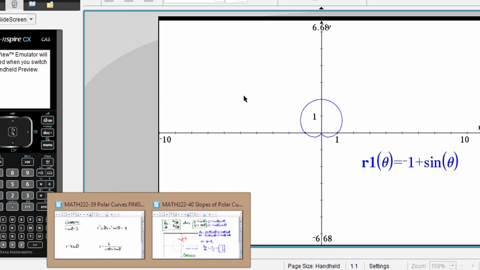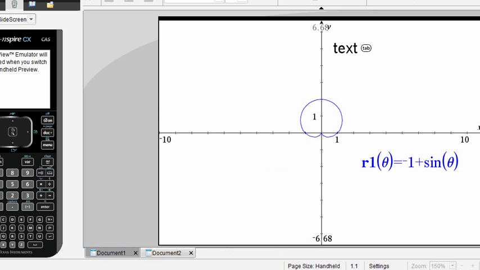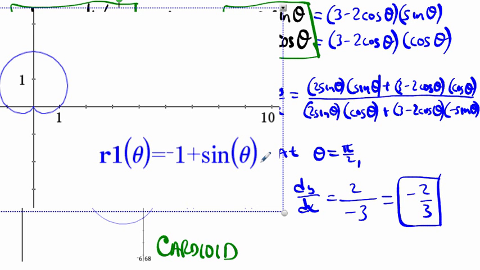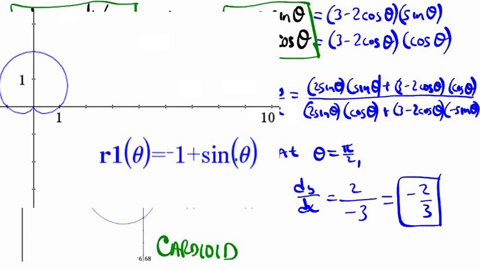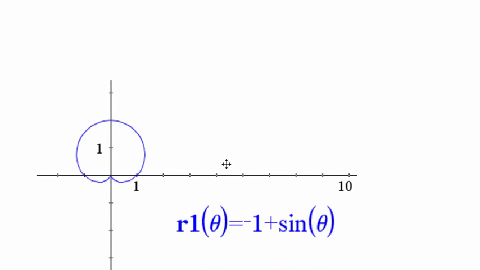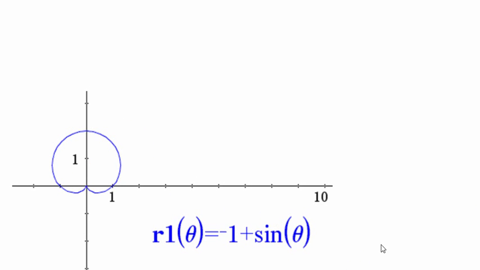And again, we'll take a picture. World's slowest picture taker ever. Should have gone to next slide first, but that's okay because you at home are forgiving. This graph is also a cardioid.